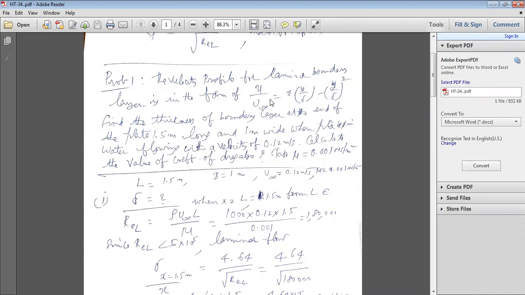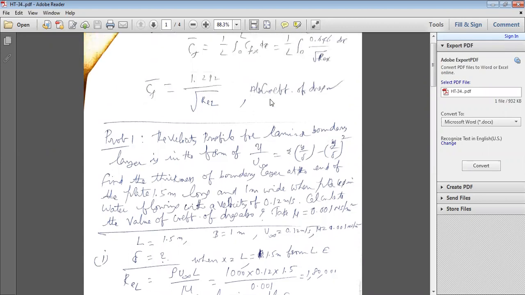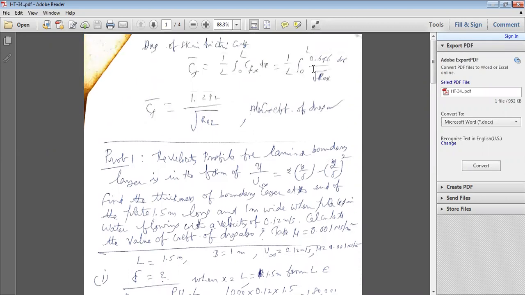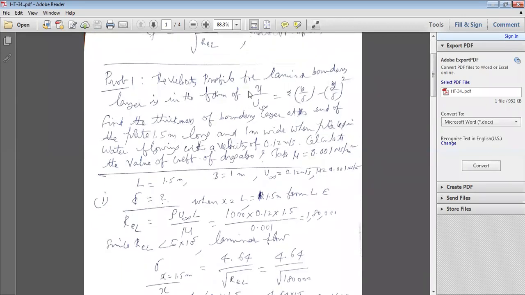Then we substituted u by u free stream in the von Karman integral momentum equation, and we got the relations for boundary layer thickness delta, the skin friction coefficient Cfx, and Cf bar, the average skin friction coefficient. So the velocity profile of the boundary layer is u by u free stream equal to 2 into y by delta minus y by delta square. So this is slightly different from the velocity distribution given yesterday.